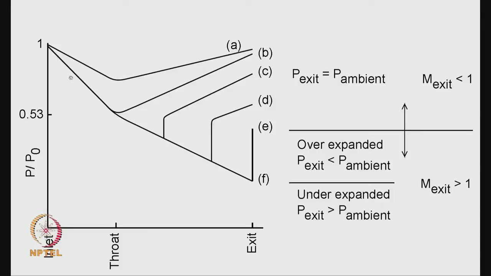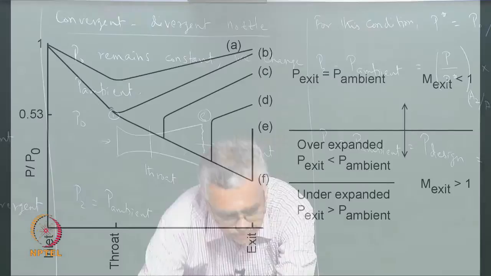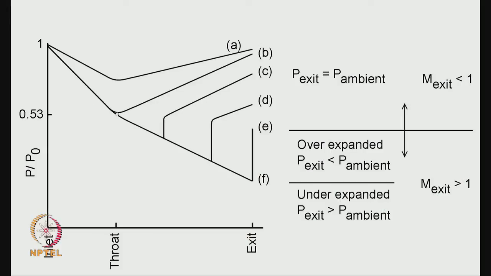In case B, same situation, isentropic, accelerating in the convergent portion, decelerating in the divergent portion, but this P is equal to P star, as you can see from here. Here we have written P over P naught. So this 0.53 is 1 over 1.8929. So this P is equal to P star.